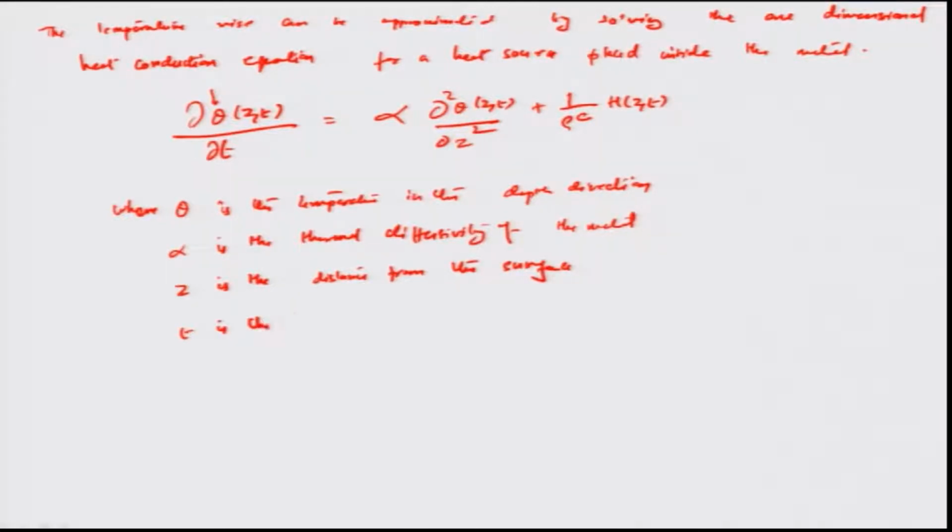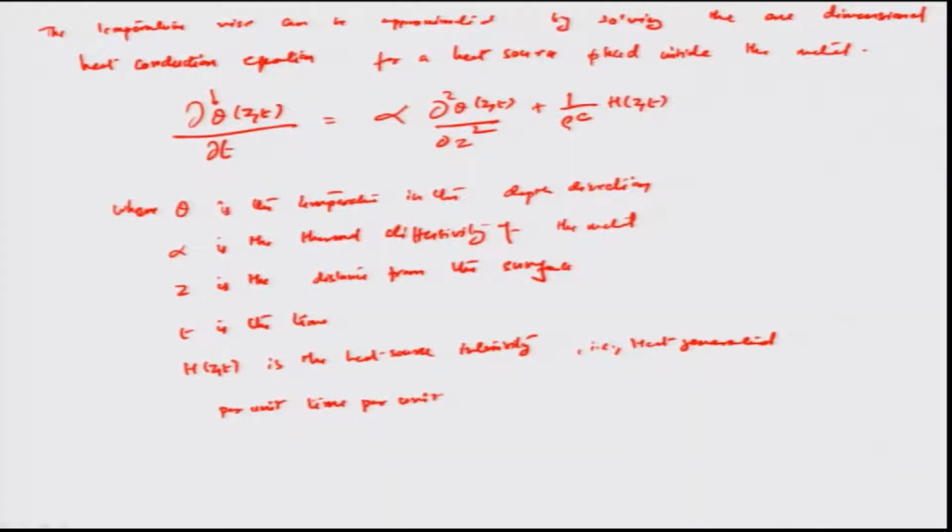T is the time and H(z,t) is the heat source intensity. You can say that it is the heat generated per unit time per unit volume. So, that is H(z,t).